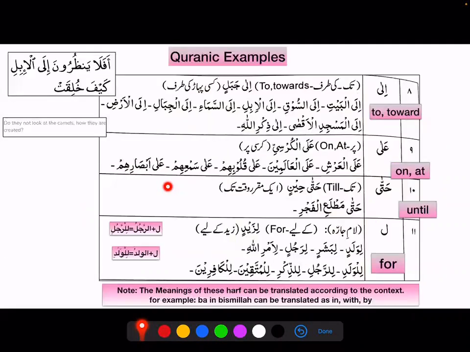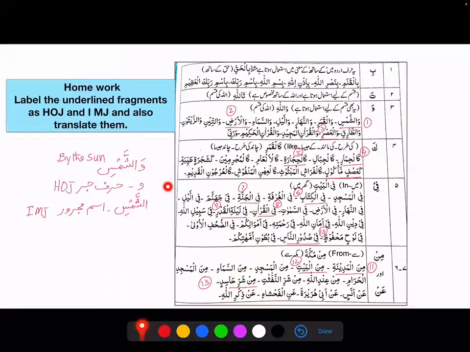And what is your homework? Homework is that I have underlined a few words, and that are 20. So 20 words I have underlined, and I numbered them. So you guys are going to label them. One example is, for example, you say washamsi, right?